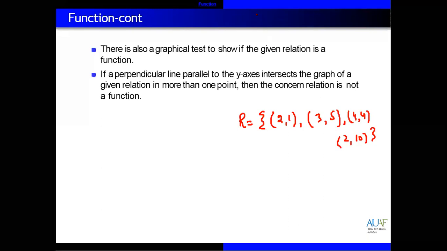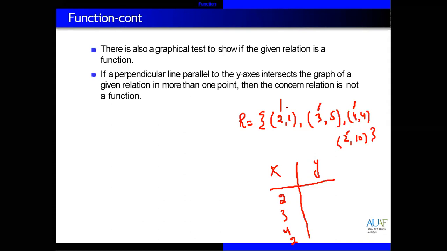We need to separate x and y to show this. So take all the values. The x values are 2, 3, 4 and 2.